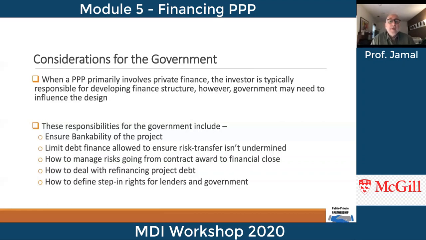So how do you manage the time between when you award the contract and when the operator, the investor and the SPV created are able to go to financial closure? Financial closure means I got all the debt, I was able to put in the equity.